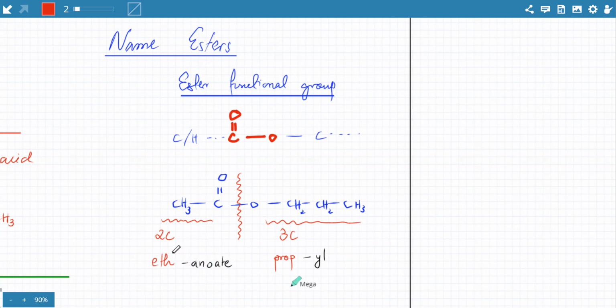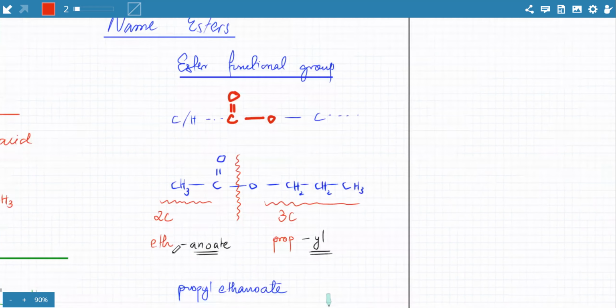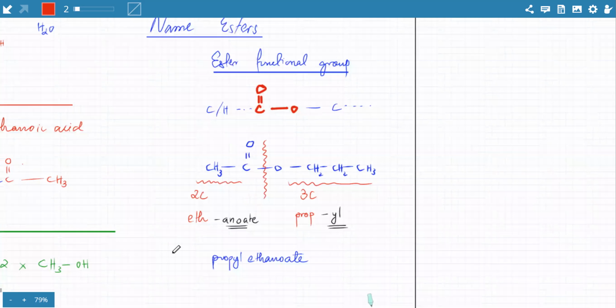Always remember this ending part. If you write it collectively, the -yl part is written first. So it's going to be propyl ethanoate. That's what it's going to be called. It's going to be called propyl ethanoate.